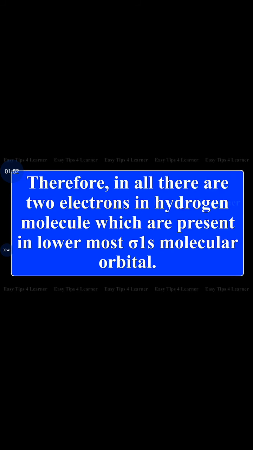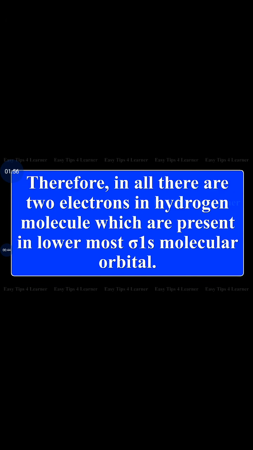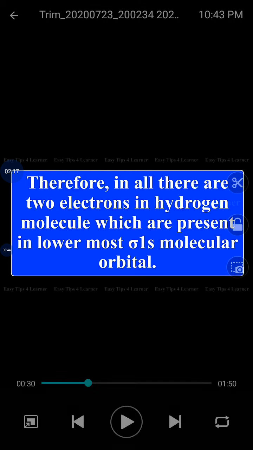Each hydrogen atom has a 1s electron, and according to the Pauli exclusion principle, therefore in all there are two electrons in the hydrogen molecule, which are present in the lowermost sigma 1s molecular orbital. It means whenever we draw the diagram, we have to put the electrons in the sigma 1s orbital.